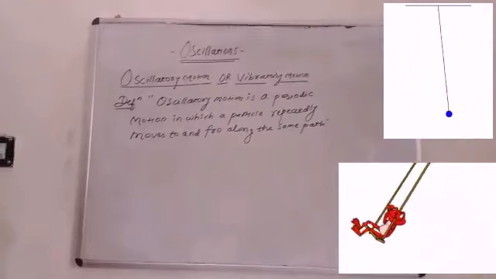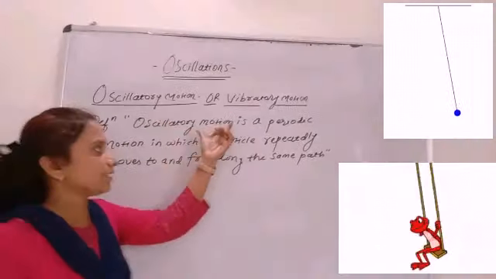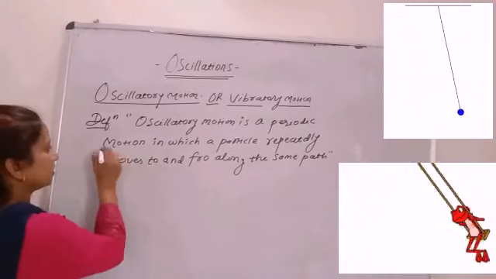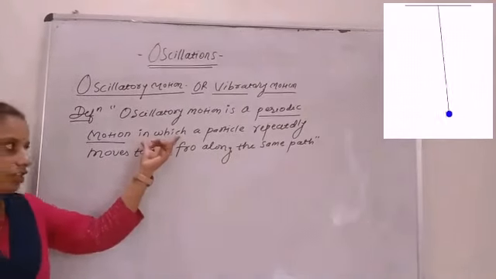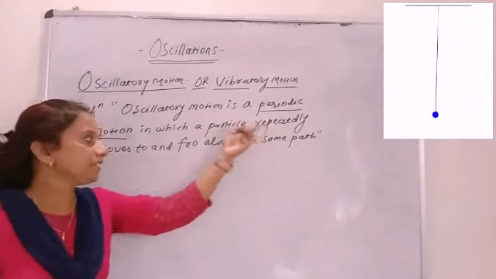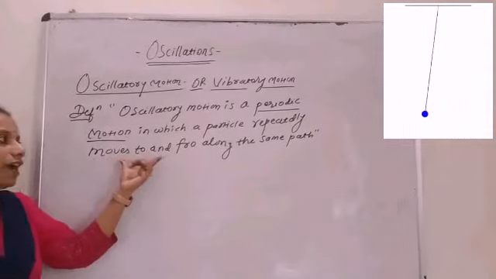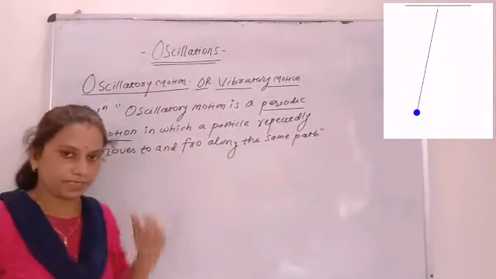Got it? Oscillatory motion is a periodic motion in which a particle repeatedly moves to and fro along the same path.